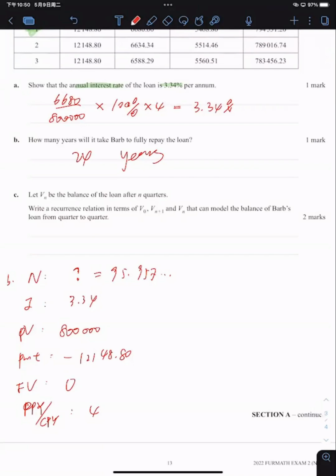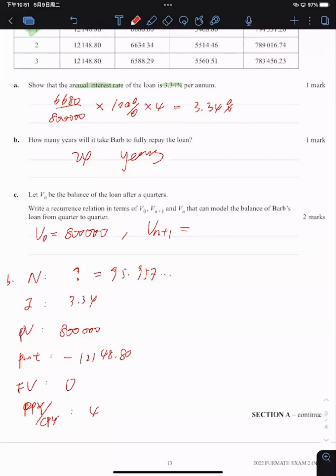Let Vn be the balance of the loan after n quarters. Write a recurrence relation in terms of V0, Vn plus 1, and Vn that can model the balance. First, initially V0 is equal to $800,000. Easy. But for Vn plus 1, how can we describe it with Vn? For consecutive terms, the payment is made every quarter.